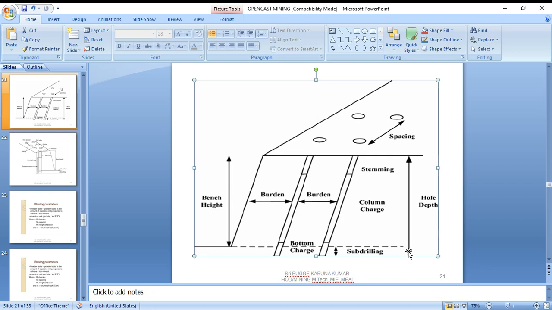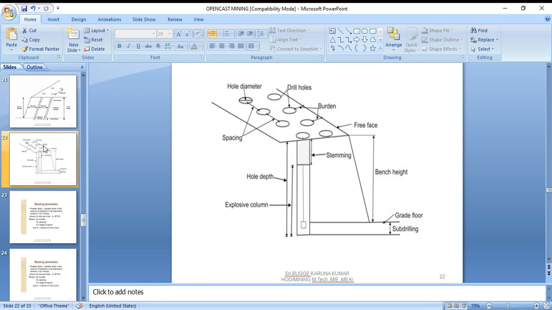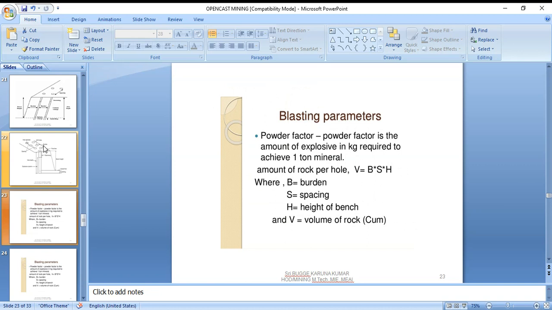This avoids toe formation and keeps the blast uniform. That is what I would like to explain here.